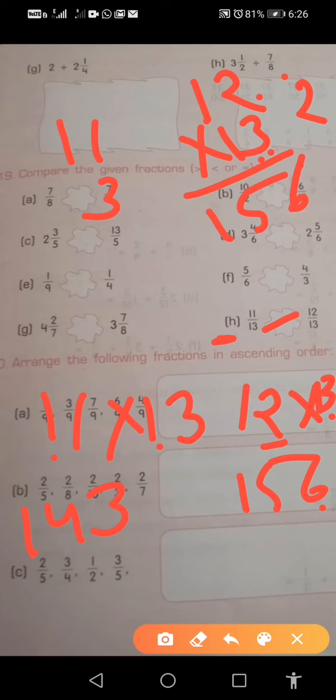Which is greater? 156 is greater. 156 has the open side, so the symbol will be less than, so we write less than here. Okay student, come to the next question.